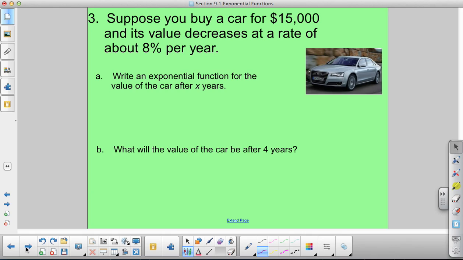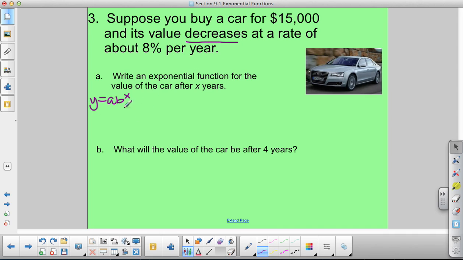All right, so now we're going to actually do some problems. Suppose you buy a car for $15,000 and its value decreases at a rate of about 8% per year. We need to write an exponential function for the value of the car after X years. Well, we know that y is equal to ab to the x. That's our exponential.